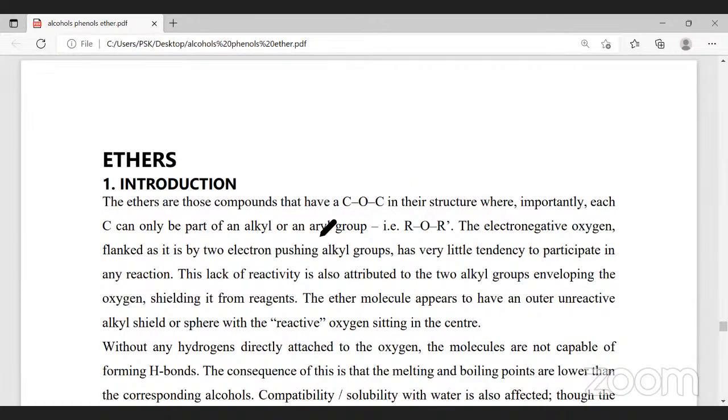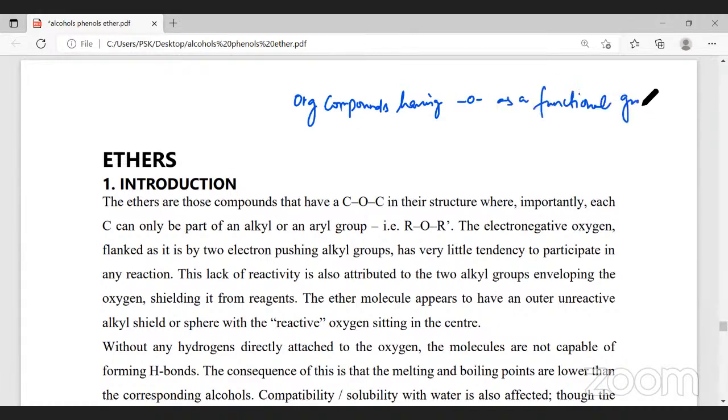Now ethers. Ethers are organic compounds having an oxygen atom as a functional group. So molecules having an oxygen atom as a functional group will be called ethers.